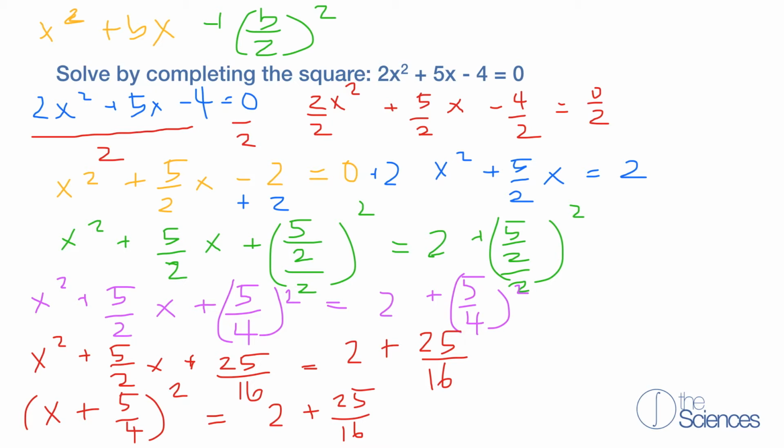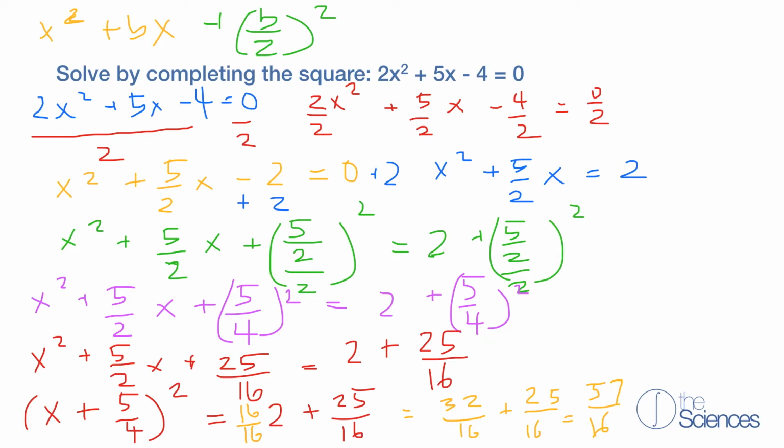So now to add 2 plus 25 over 16, we're going to multiply the denominator and the numerator by 16, which gives us 32 over 16 plus 25 over 16, which equals 57 over 16.